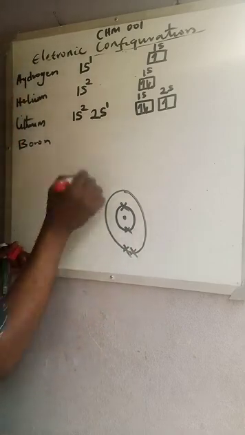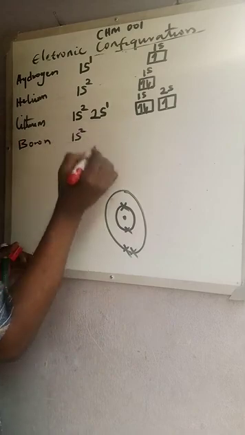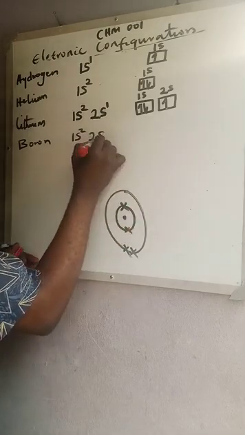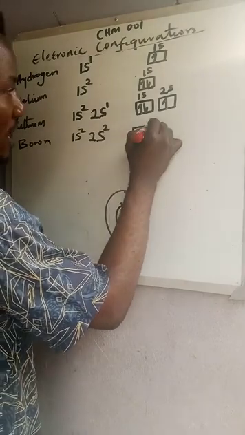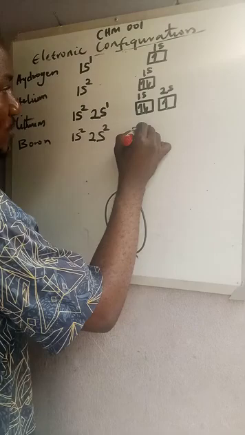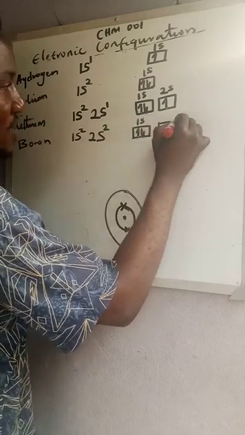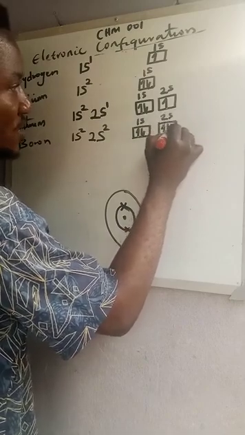I'll have my 1s for the first one, 1s2. Now I'll go to the second energy level, 2. S. How many electrons are there? 2. I'll write my 2. In the block configuration I'll have 2 electrons as 1s, and another one like this, 2s, with 2 electrons.